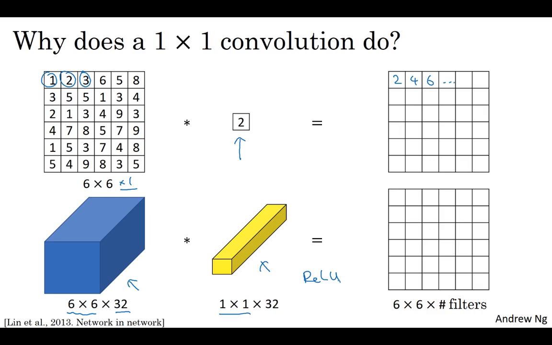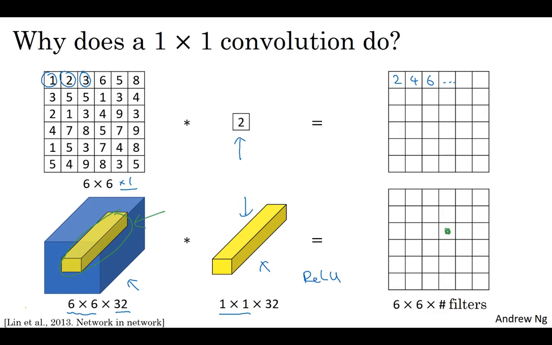So to look at one of the 36 positions, maybe one slice through this volume, you take these 32 numbers, multiply them by one slice through the filter like that, and you end up with a single real number, which then gets plotted in one of the outputs like that.